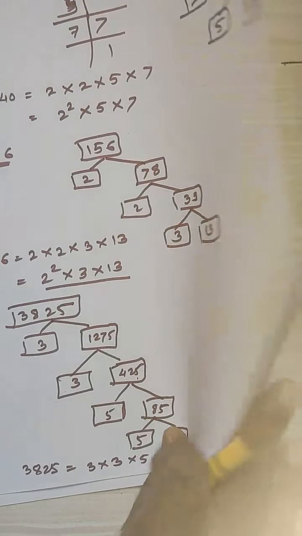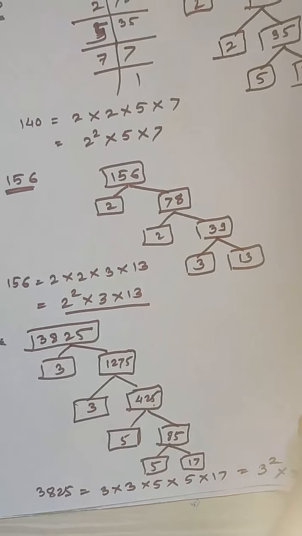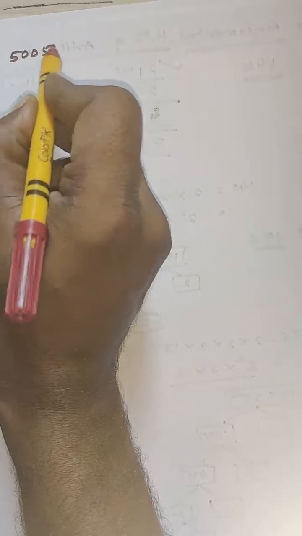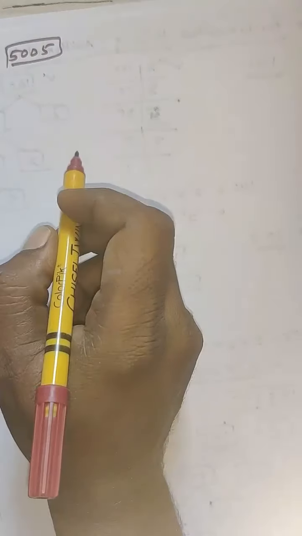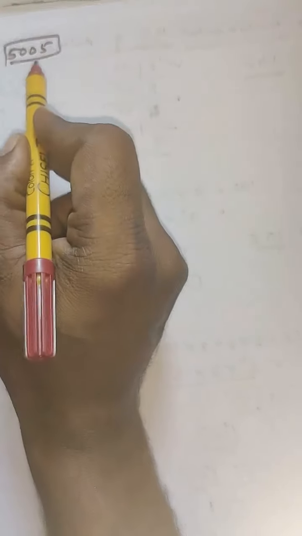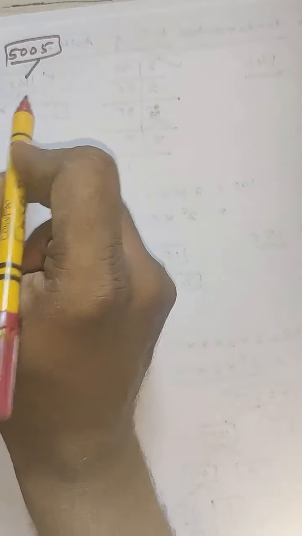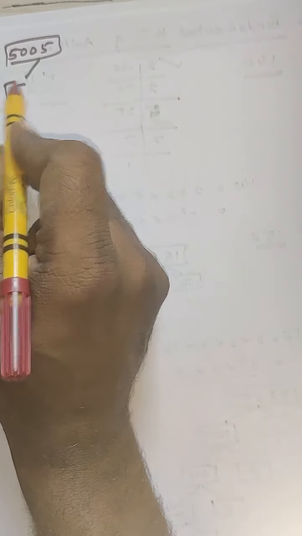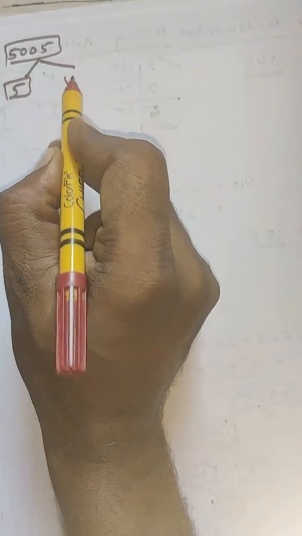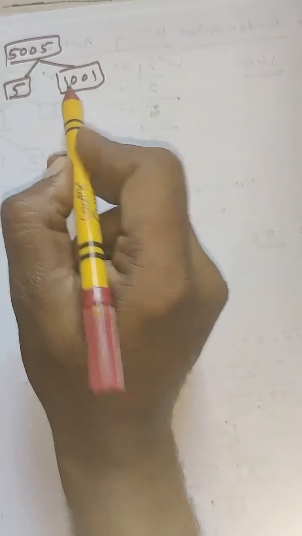Two more examples are there in the textbook. That is prime factors of 5005. 5005, you can write as, by 5 it will go 1001.